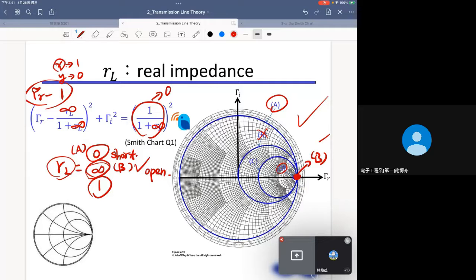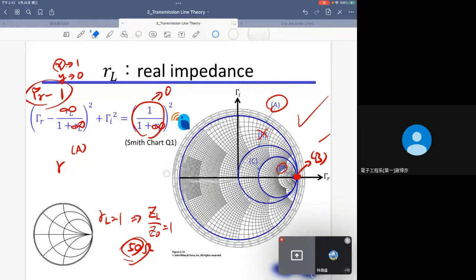And if RL equals 1, it means ZL over Z0 equals 1. All the real part of that is 15 ohm if Z0 is 15 ohm.